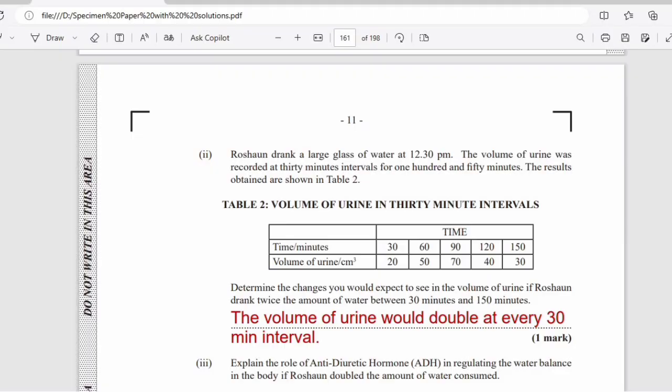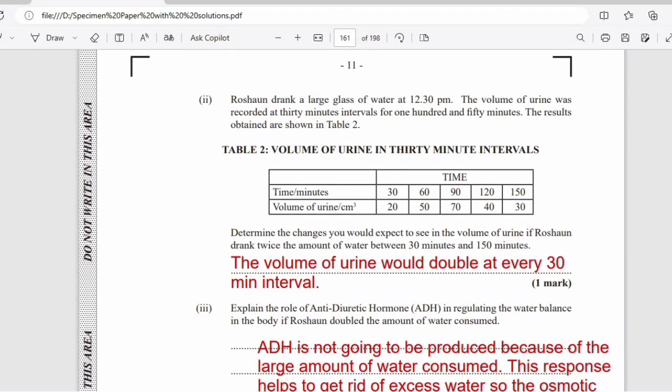Guys, if he drinks double the water, or twice the amount, then it would suggest that the volume of his urine would double every 30-minute interval. So if at 30 minutes he only produced 20 centimeters cubed of urine, if he drank double the amount of water, then he would be producing 40 centimeters cubed of urine.